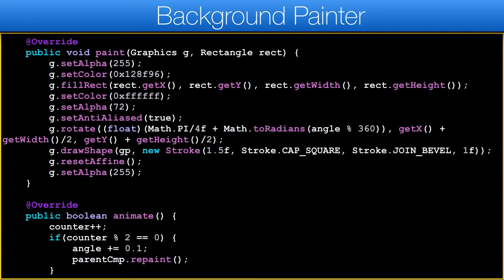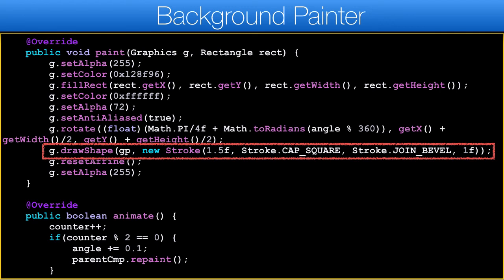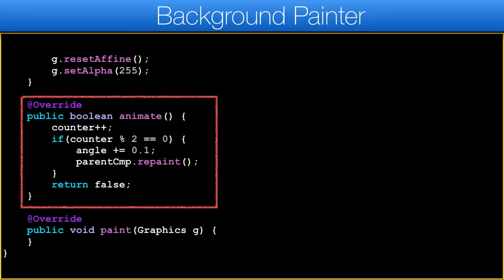We fill the background, rotate the graphics context, and draw the shapes. Notice we just invoke draw shape and it draws with the current alpha and color in place. The low-level animation code invokes animate at fixed intervals based on EDT heartbeats.